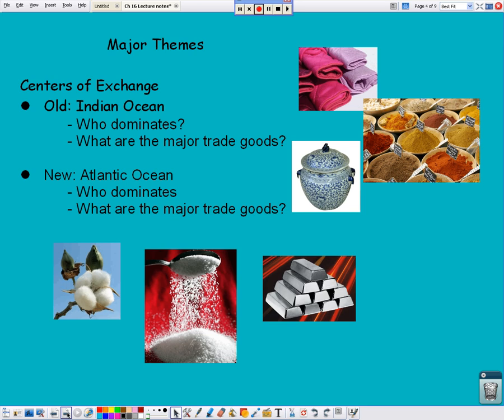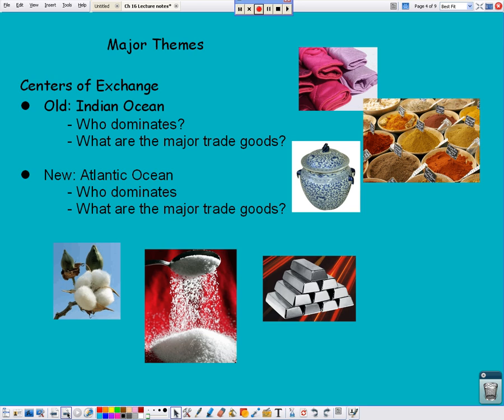What we're going to find during this early modern period is the center of trade is going to shift its location and will now be focused across the Atlantic. Who does that give an edge to? Europe. Why? Because they're closer to it. And the trade goods are going to change as well.